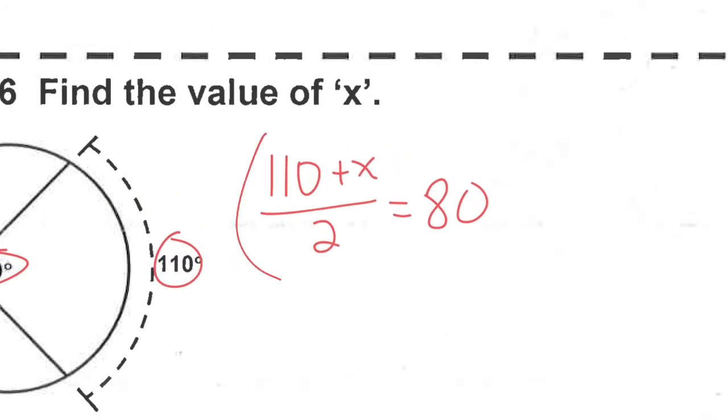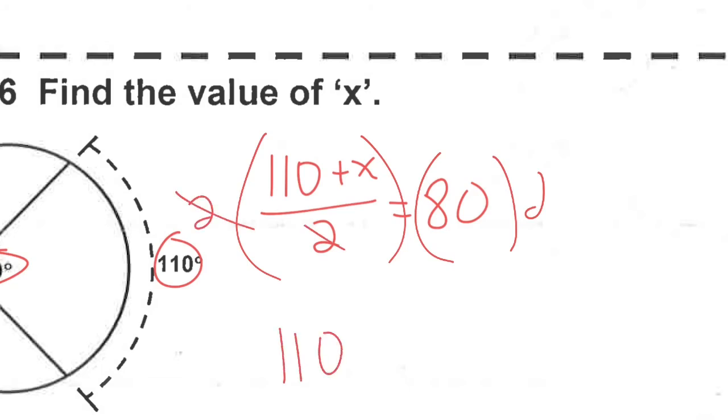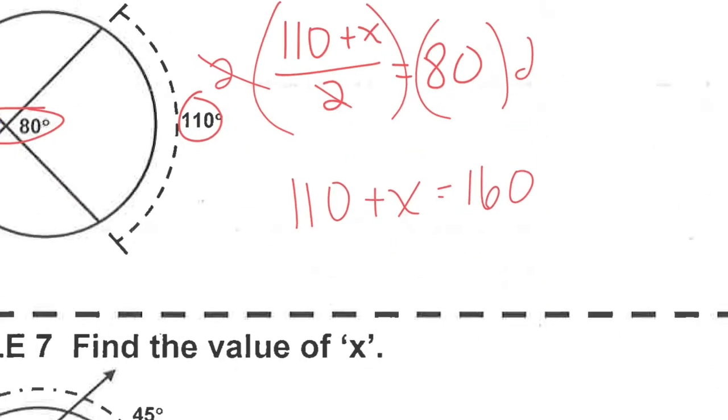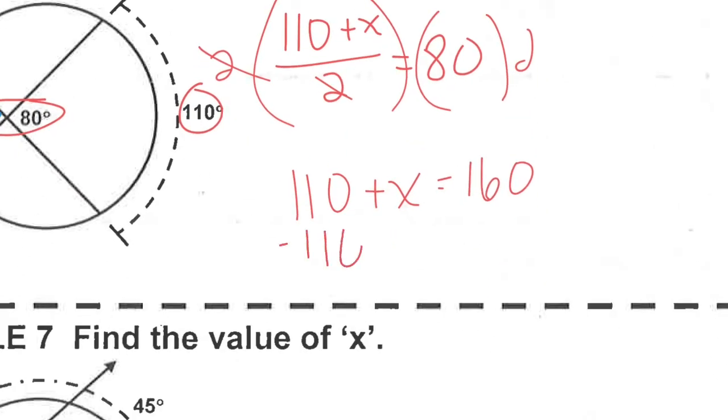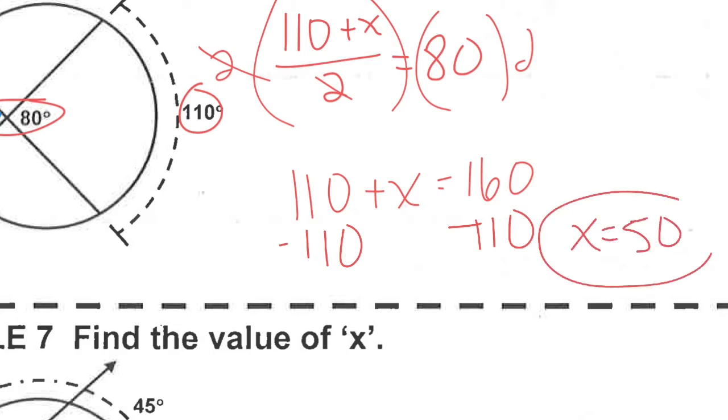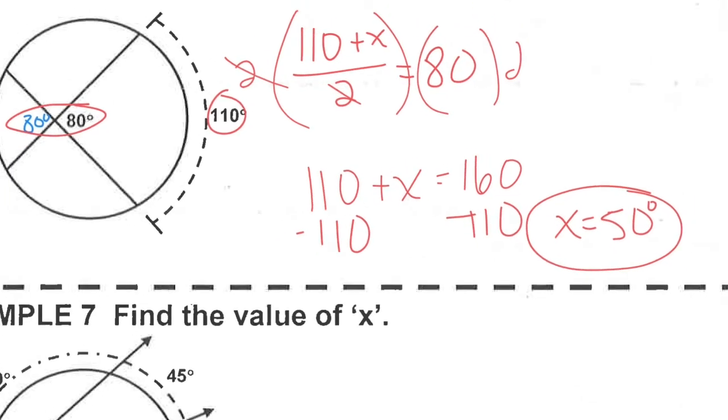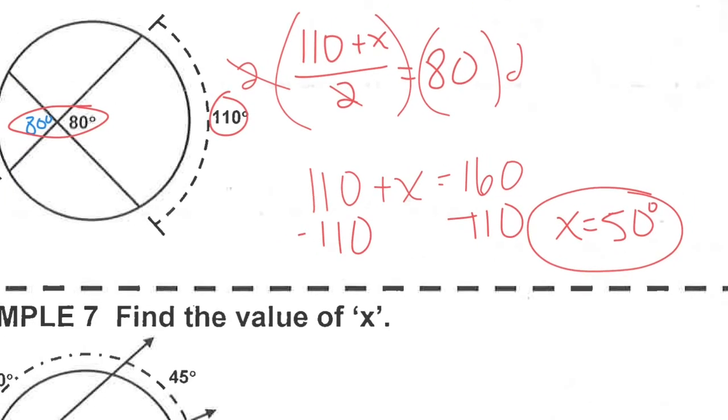I can multiply both sides by 2. That cancels this one out and leaves me with 110 plus x. 80 times 2 is 160. And then all we have to do is subtract 110 from both sides. And it looks like x is 50 degrees. So not too bad. It looked like some people were having troubles, but remember, multiply by 2, clear that fraction.